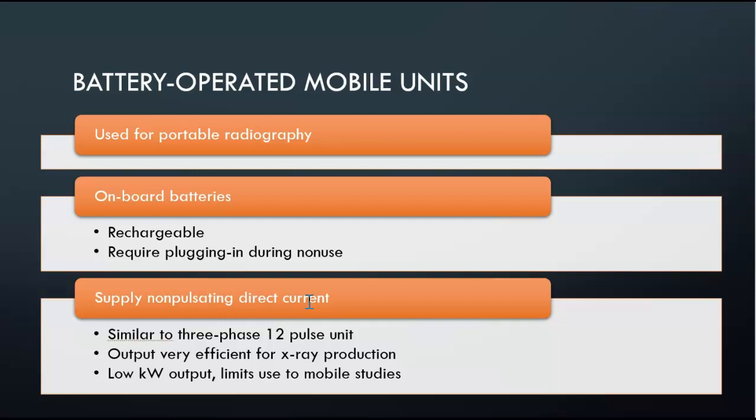So battery-operated mobile units are used for portable radiography. The onboard batteries are rechargeable and they require being plugged in. We can unplug them to expose and drive. They supply non-pulsating direct current, similar to three-phase 12 pulse, and the output is very efficient for X-ray production. Low kilowatt output limits the use of mobile units, so we can't get real high kVps, okay?